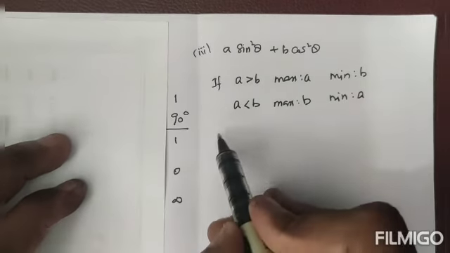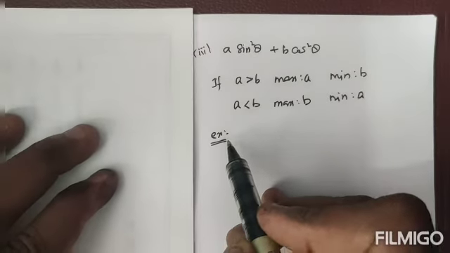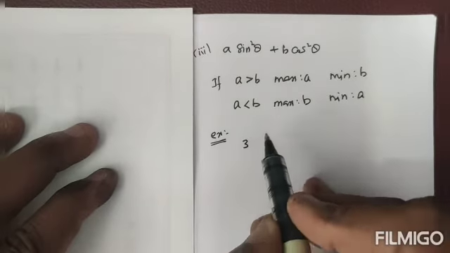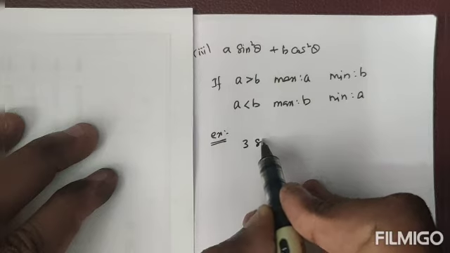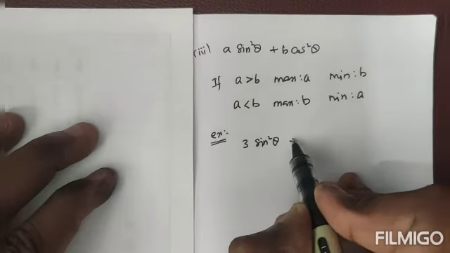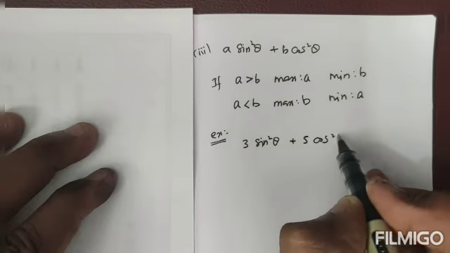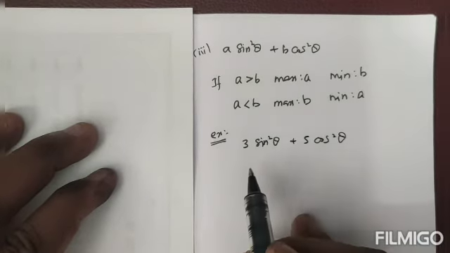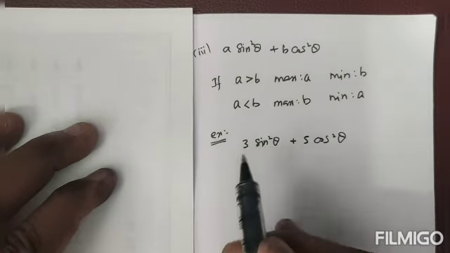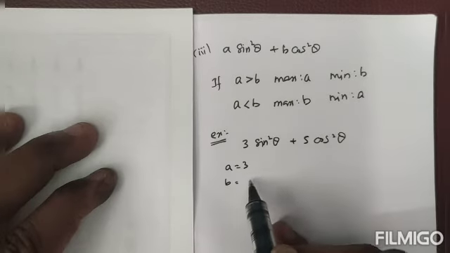For example, for this model, the example is 3 sin square theta plus 5 cos square theta. So now we can say a value is 3, b value is 5.